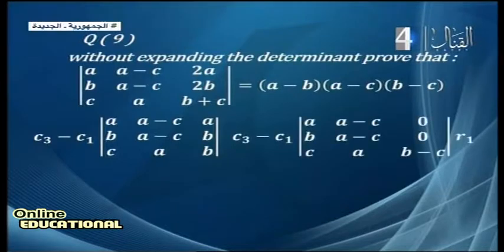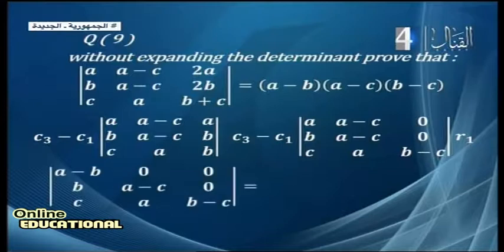After that, we subtract C3 minus what? C1. Look at the third column: must be A minus A equals 0, B minus B equals 0, and B minus C. We need A minus C in the first row to equal 0 by using the first row minus the second row.